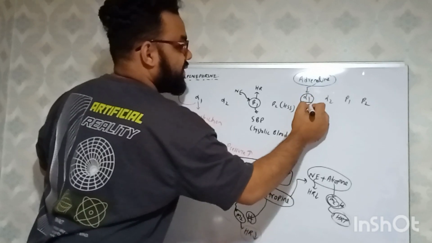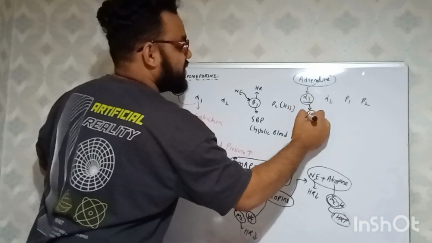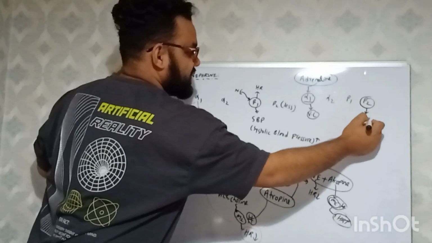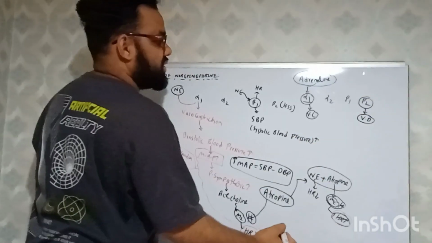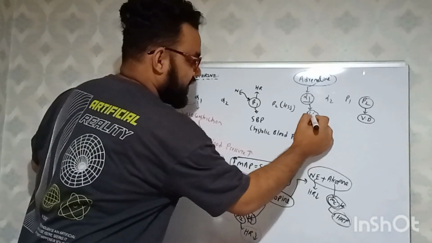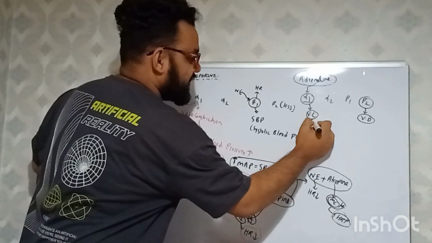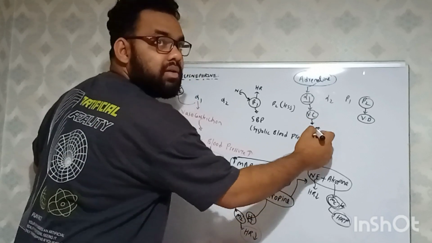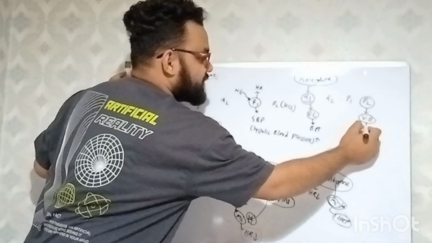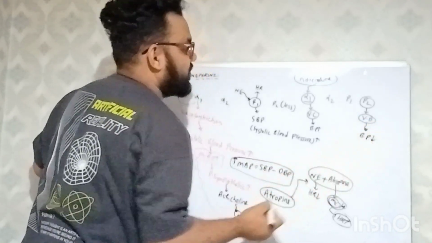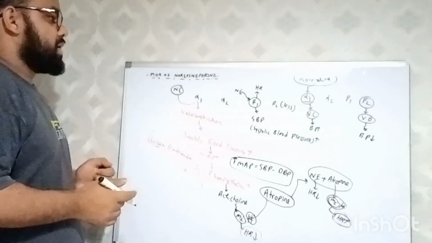Whenever the alpha 1 is activated, that will cause vasoconstriction, and as you know the function of the beta 2 is vasodilation, right? Once the vasoconstriction part is there, the blood pressure can be elevated, and once the vasodilation is there, the blood pressure can fall down.